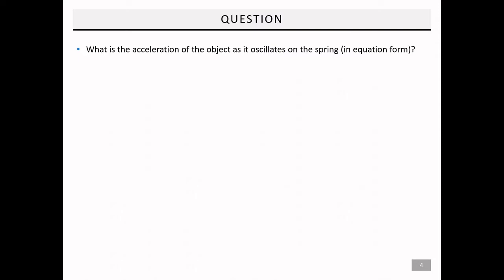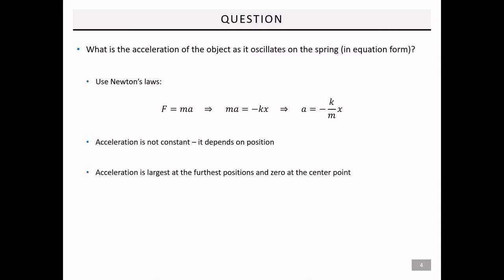Okay, so what little we do know so far is that as the object moves back and forth, the spring is exerting a force on that object. We know that force is given by Hooke's law as minus k times x. We also know that Newton's laws are basically always true, so F is equal to ma, and since the spring force is a force, we can set those two equal to each other.